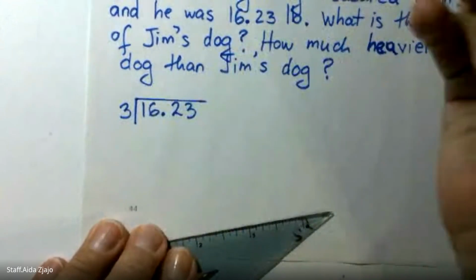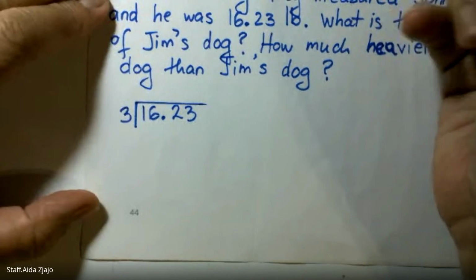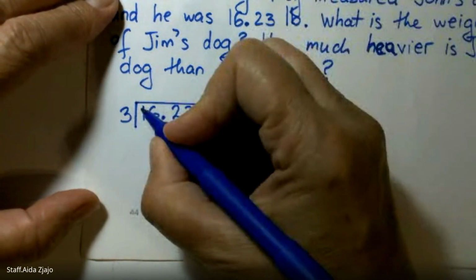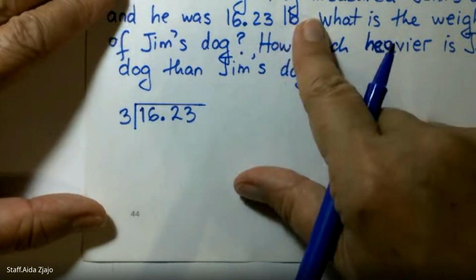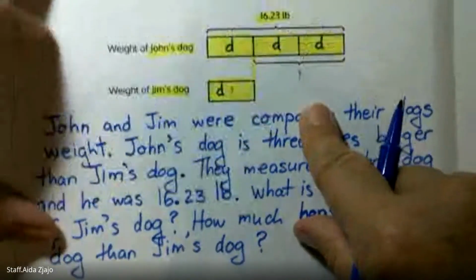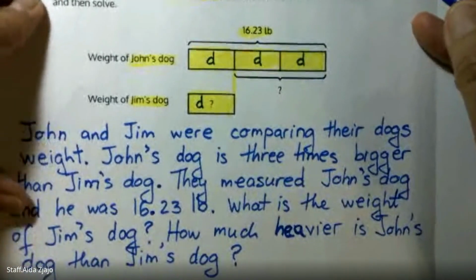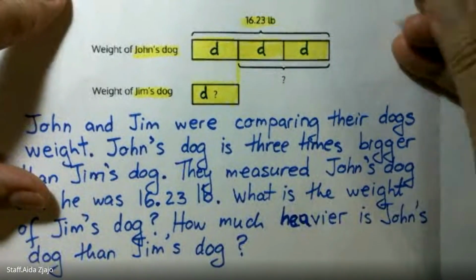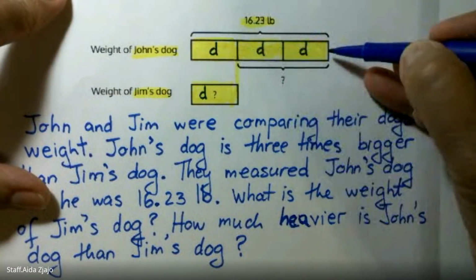But before I do that, I'm going to use the old strategy of equal sharing, because I would like you to see that there is always a solution, even if you are not secure in the standard algorithm. What you need to do is share equally.